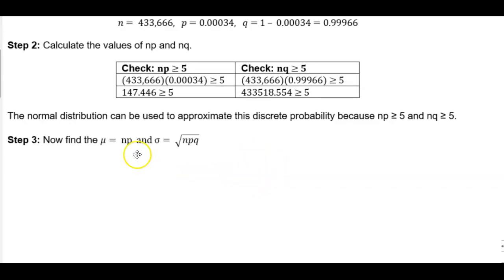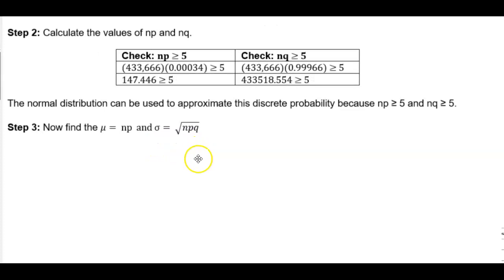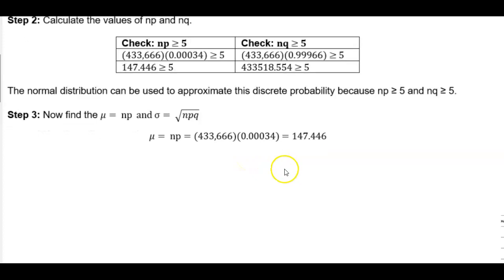Now we want to find the mean and the standard deviation. The mean is equal to N times P, and the standard deviation is equal to the square root of N times P times Q. We found the mean from the first part: mu is equal to 433,666 times 0.00034, which gives us 147.446 for the mean.